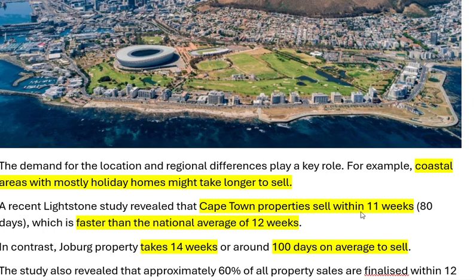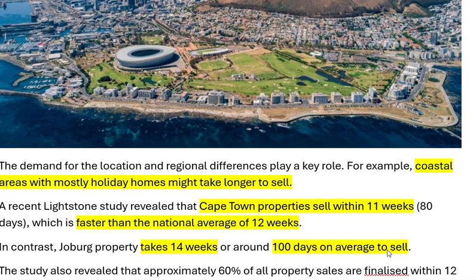Cape Town property sells within 11 weeks. That is faster than the national average of 12 weeks. So what further confirms here is that the property market in Cape Town is better when compared to the national level, right? Then Joburg property sells in 14 weeks, which means it's 3 weeks more than what Cape Town takes, or around 100 days on average to sell.